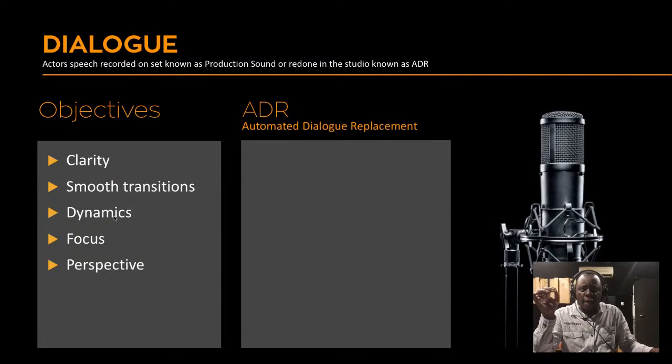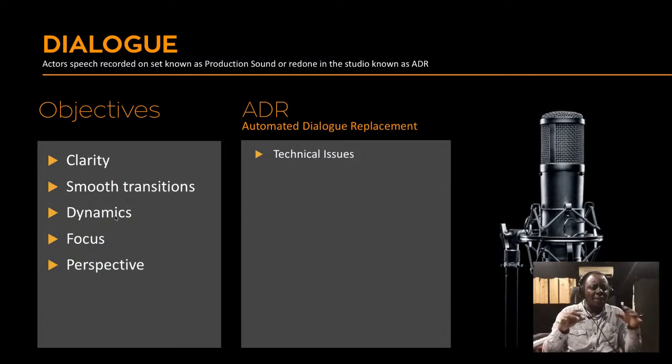So if you noticed, we had to redo ADR. We did ADR for this short film that we're watching. The objective was that there were some technical issues. For example, he was holding the bag and the bag was entering his dialogue.